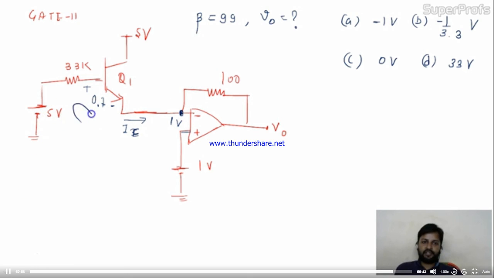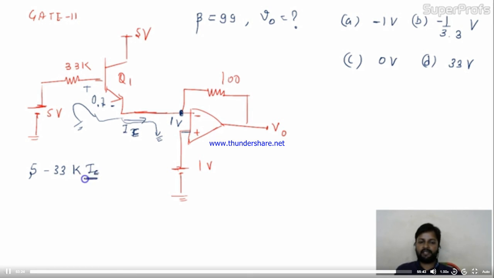This is the input circuit. I have to find this IE. This IE will start from ground and will come to the ground. So we are getting 5 volt. Here I am getting minus 33K of IB. And IB is what?